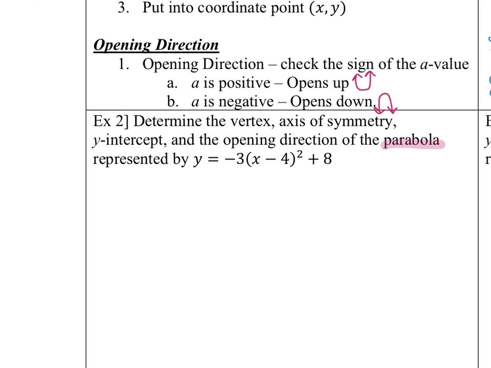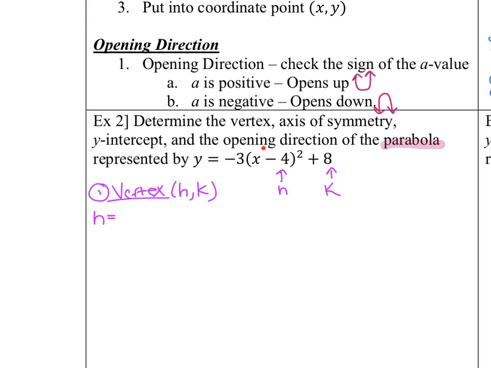So find the vertex first. Our vertex is h comma k. And we get the h and the k from your equation. H is the one inside the parentheses, k is the one on the outside. Since the h is inside, it's actually backwards from the sign.